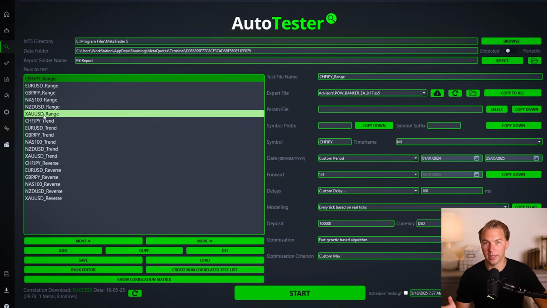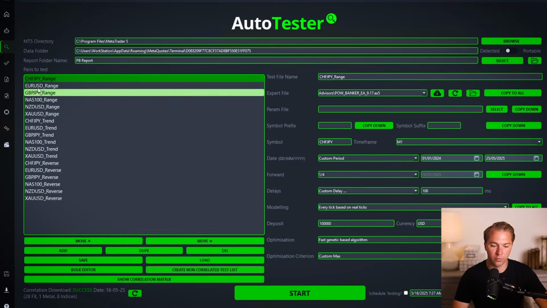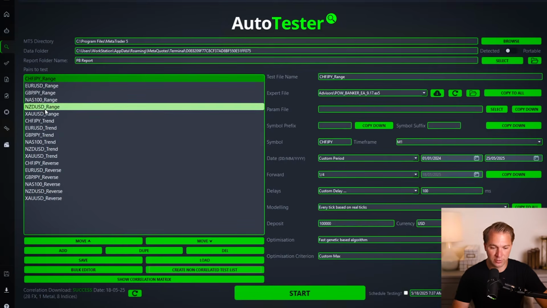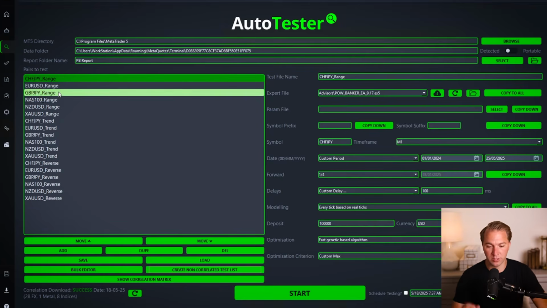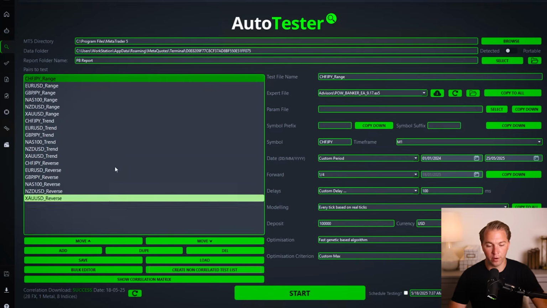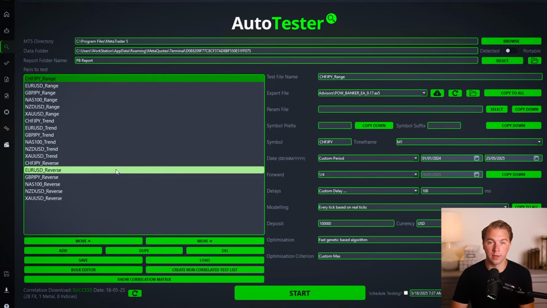None of those are correlated in any significant way. Probably the closest correlation here would be the 3 USD pairs here, but they are also pushing different currencies in the front of that. So just at a click of a button, we were able to build an entire test list of diversified pairs across diversified strategies.